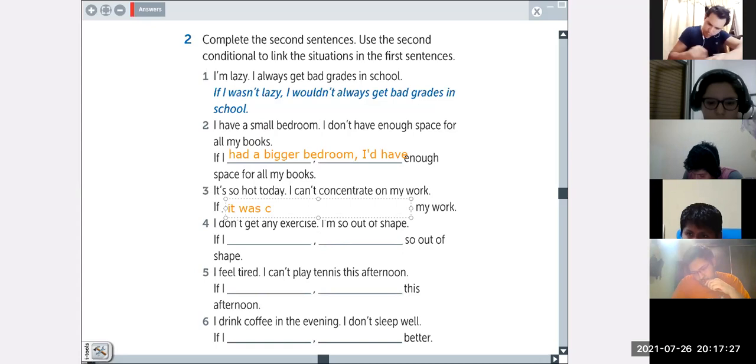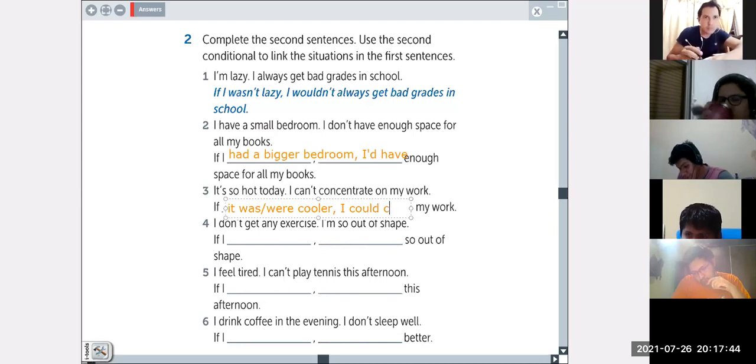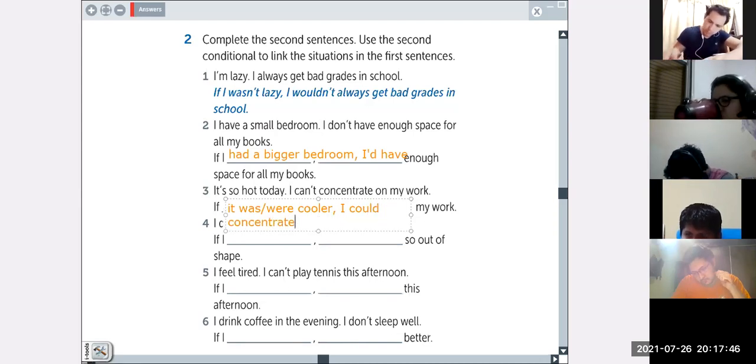Were colder. Cualquiera de los dos pueden ocupar. Was or were. Cooler sería, ¿no? Cooler, si estuviera más fresco. I could concentrate on my work, right?